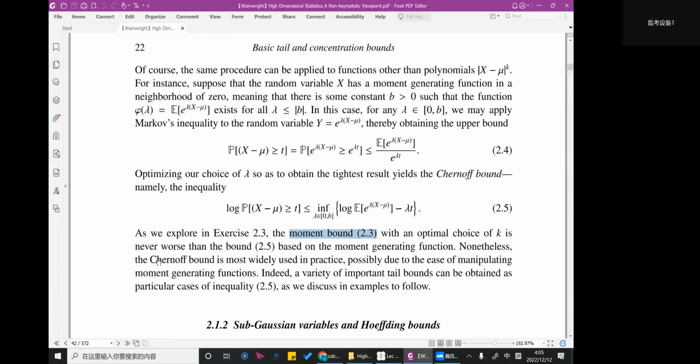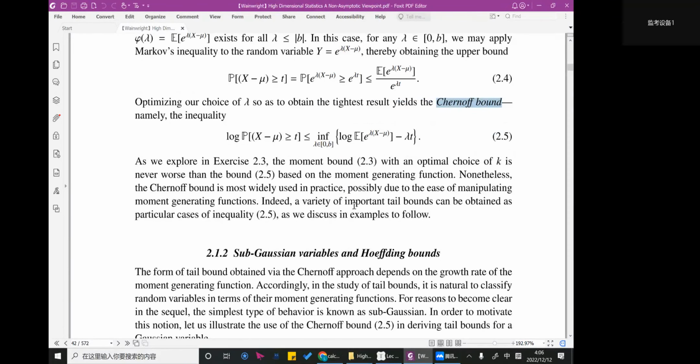That's because the Chernoff bound is most widely used in practice, and it's easy to manipulate. Manipulating the moment generating function is easier. That's the reason why we tend to use the Chernoff bound more than the polynomial bound.